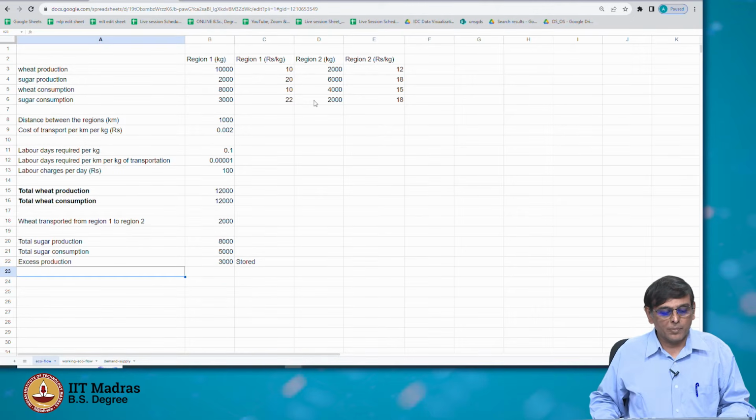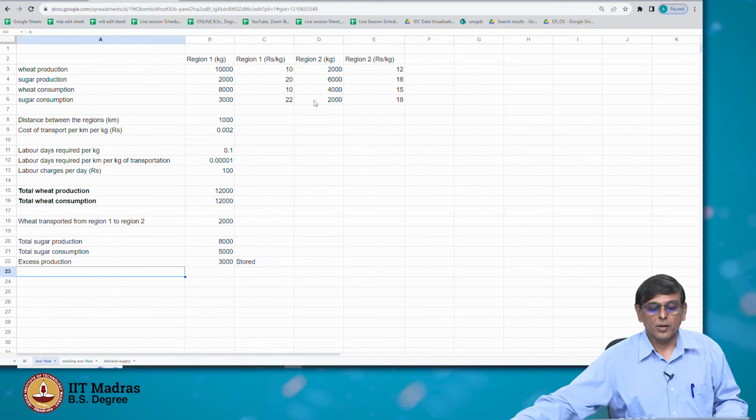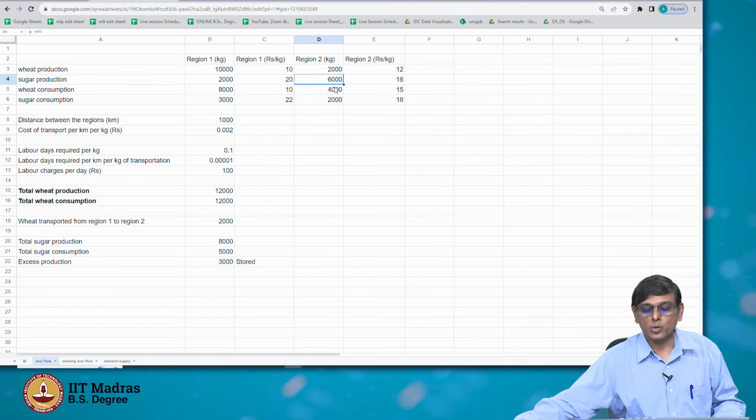Now, again we can do the same thing. We can see that this sugar production is 6,000 here, consumption is 2,000 here. So, the difference between 6,000 and 2,000 is 4,000, but out of 4,000, 3,000 is stored, 1,000 is transported.